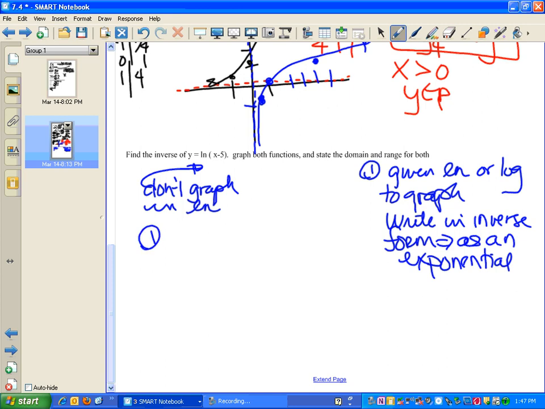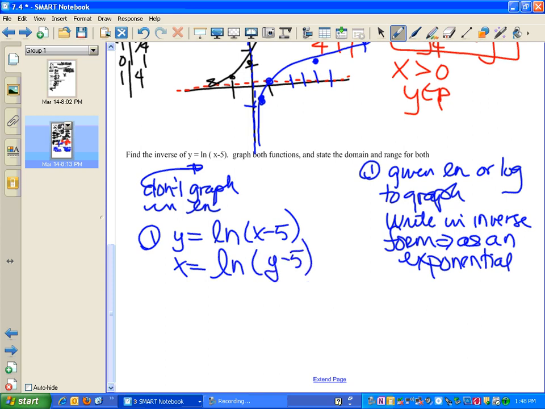So if I want to start with y equals ln of x minus 5, and I want to do the inverse, then I'm going to say x is equal to ln of y minus 5. And then the inverse of log is exponential. So I ask myself the 3 questions. The first one is, what is my base if it's an ln? E. There's an understood E when the base is ln.